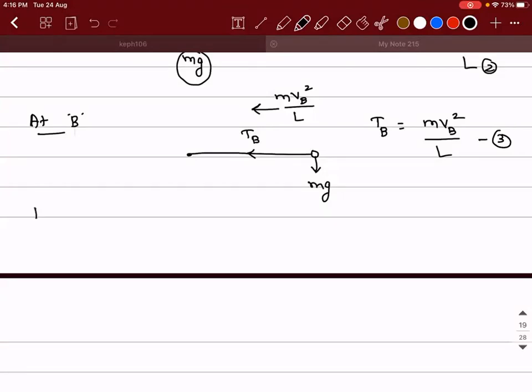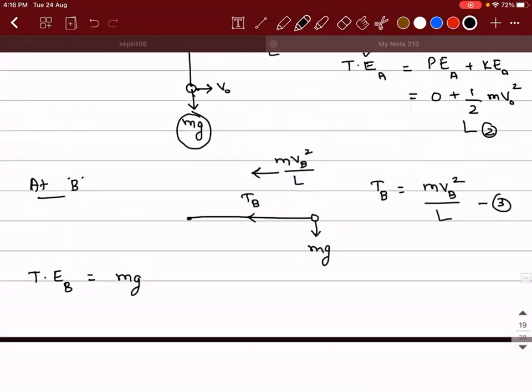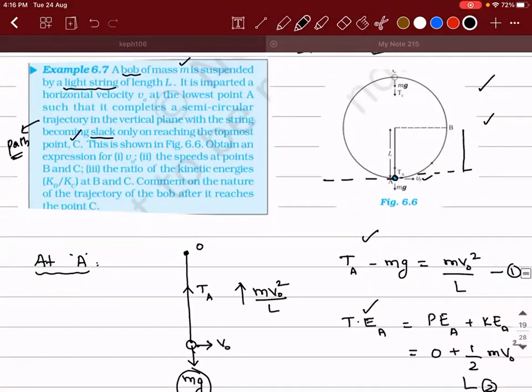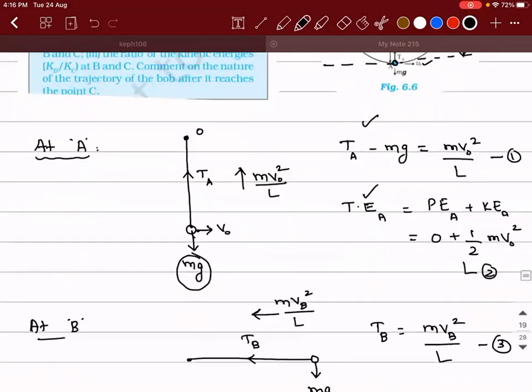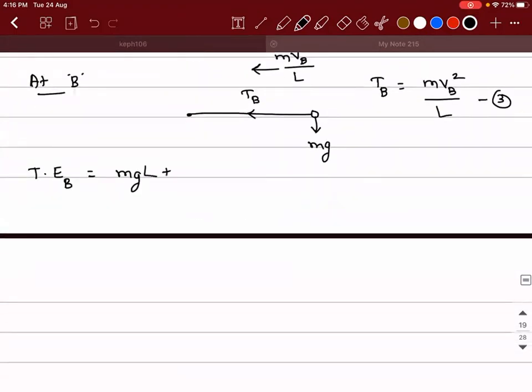Now tell me, what is the total energy at point B? It is going to be mg into how much is the height raised by the object? L, sir. L. So the potential energy is mgL plus the kinetic energy, which will be half into m into Vb square.